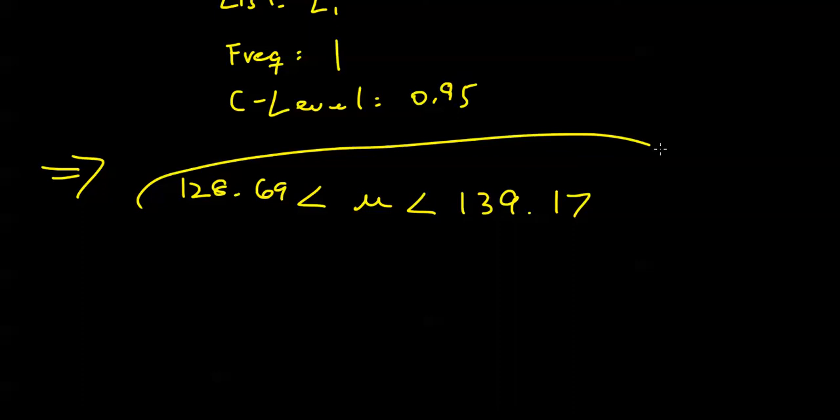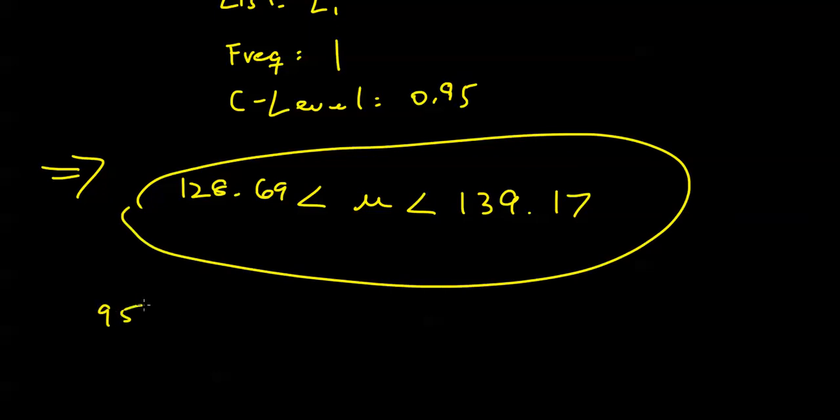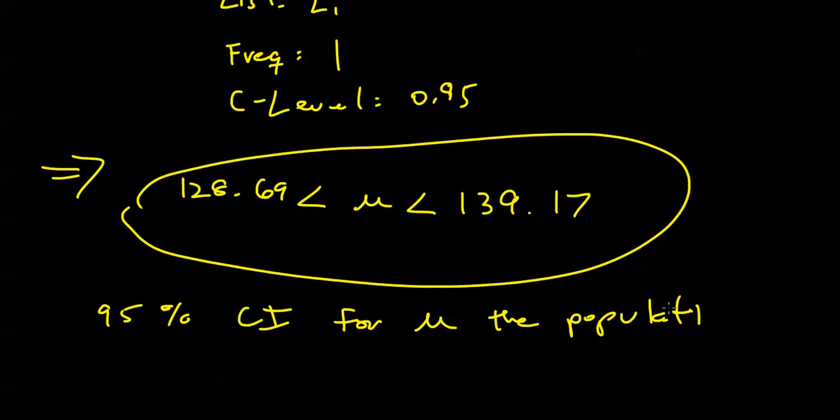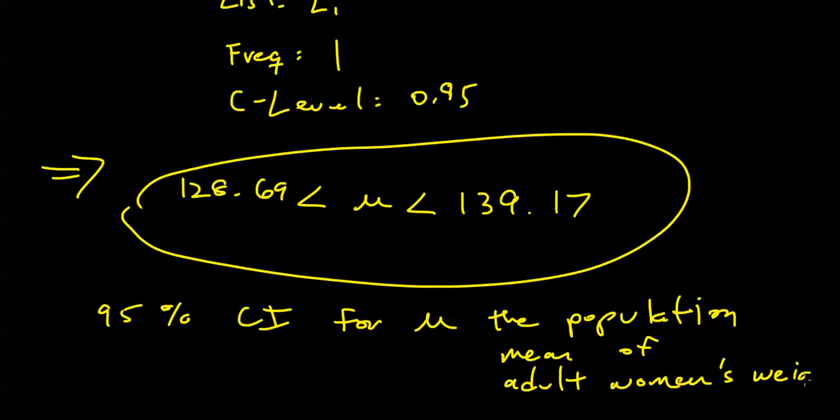This is my 95% confidence interval for mu, where mu is the population mean of adult women or women's weights. Okay?